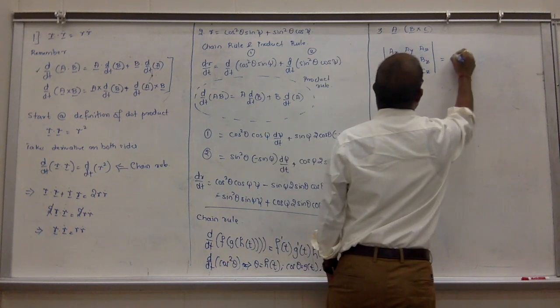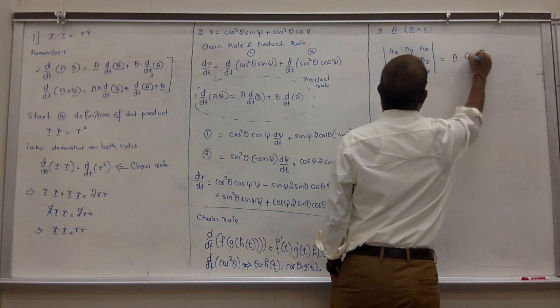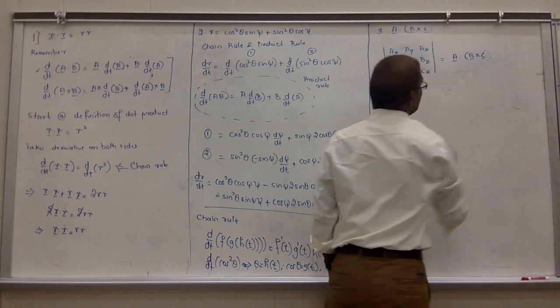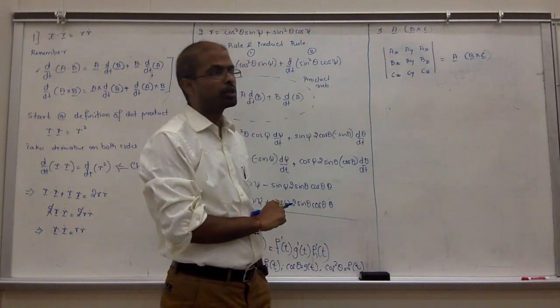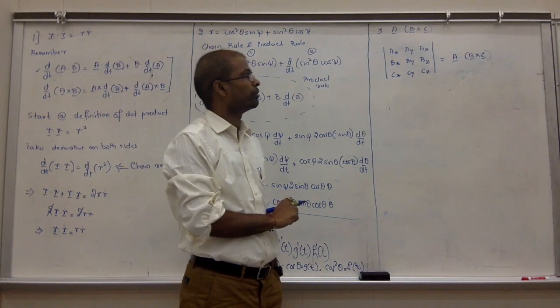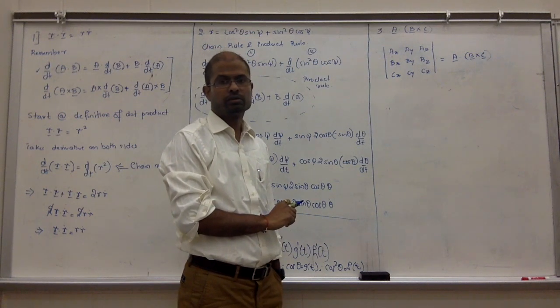This will give you A dot B cross C. You replace the i, j, k with AX, AY, AZ. That is easier.